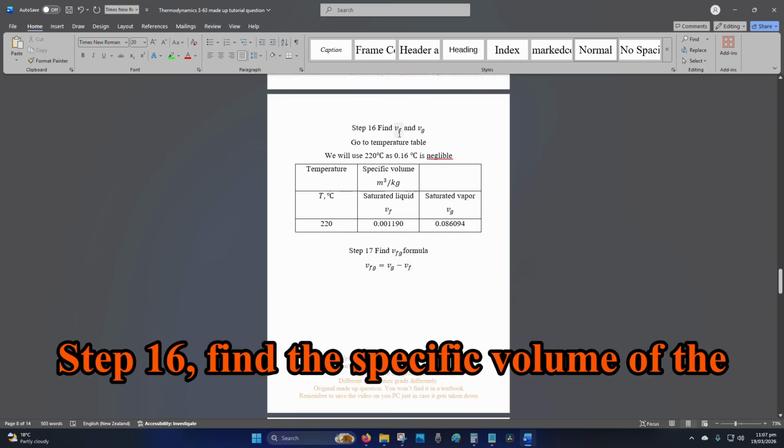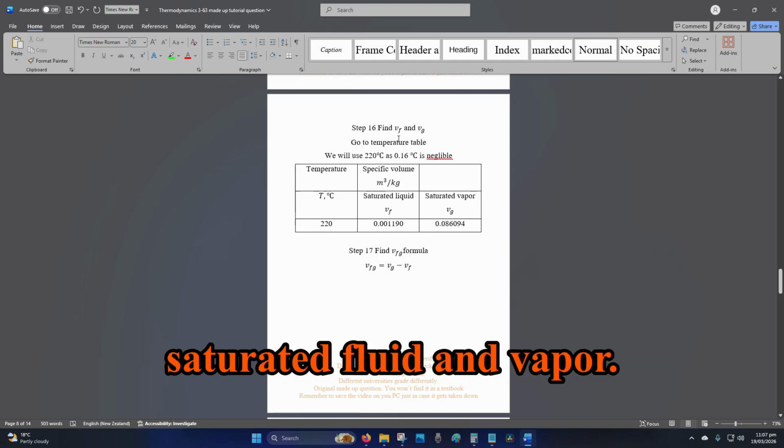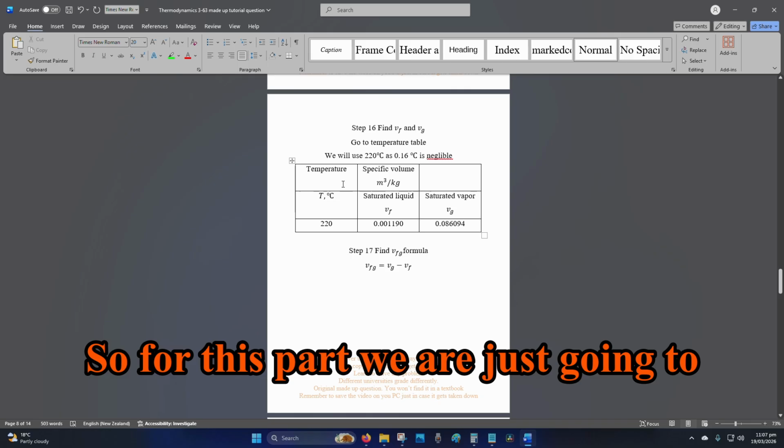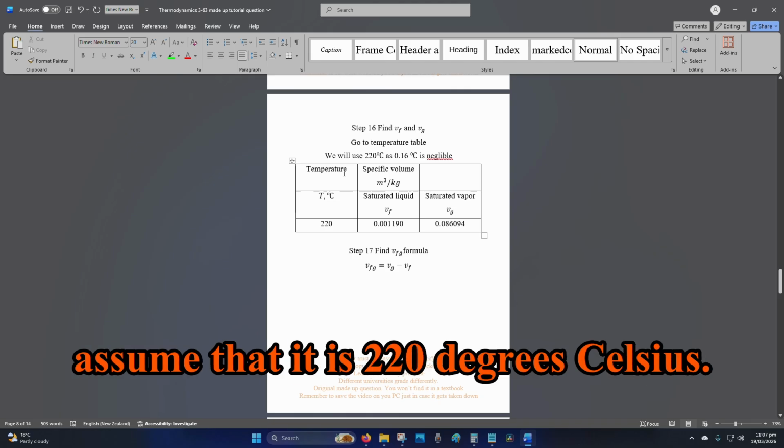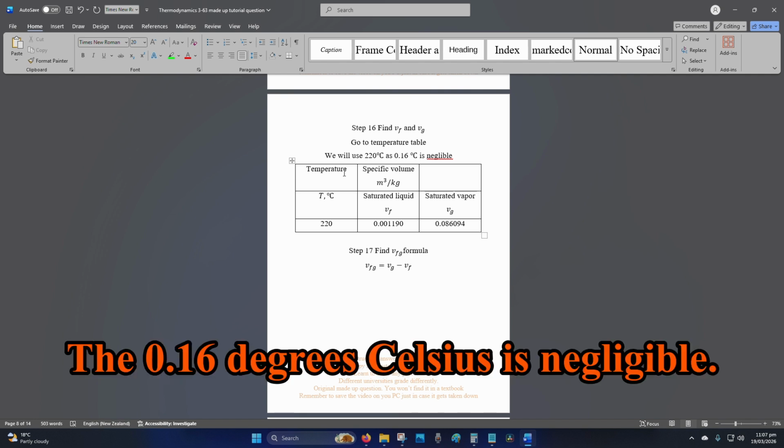Step 16, find the specific volume of the saturated fluid and vapor. So for this part, we're just gonna assume that it is 220 degrees Celsius. The 0.16 degrees Celsius is negligible.